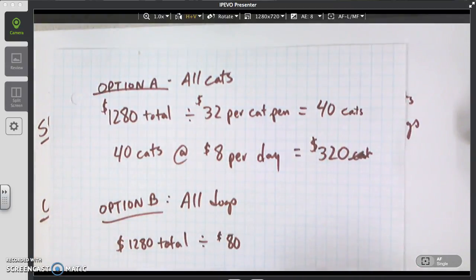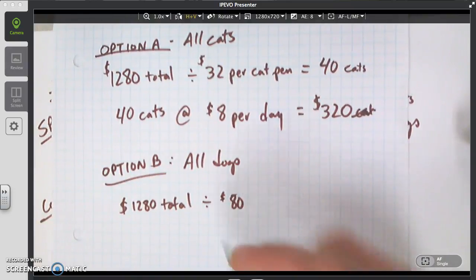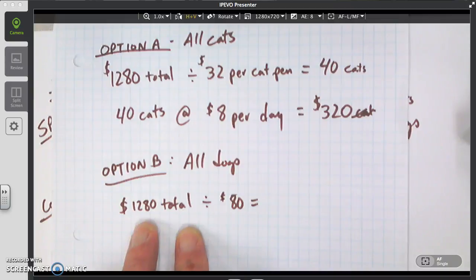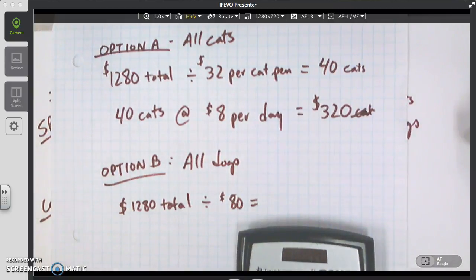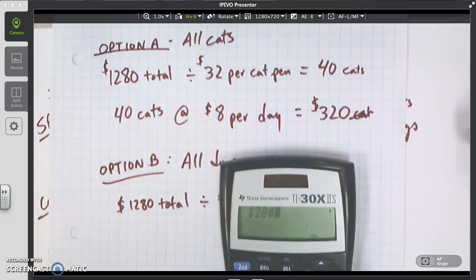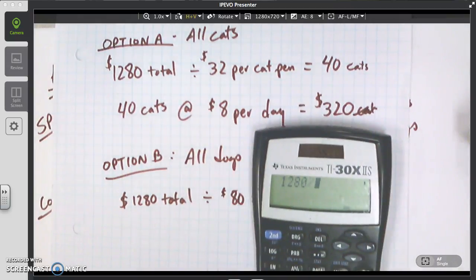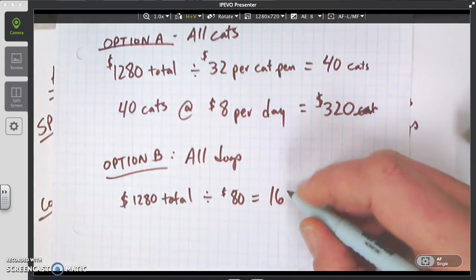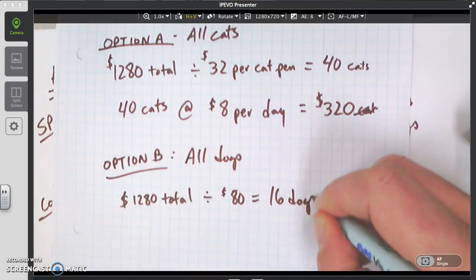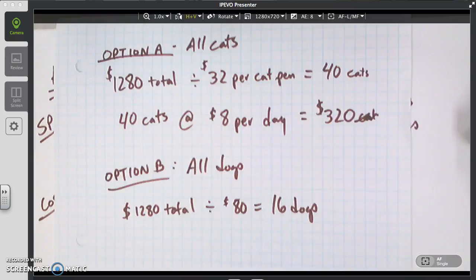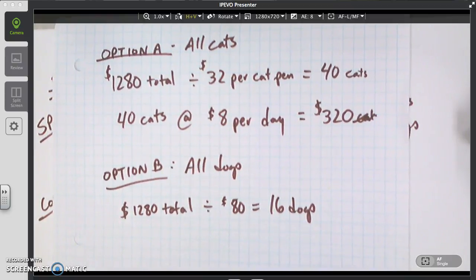You have to buy these dog runs they're going to run around in. So if we take 1280 divided by 80, we get 16. So if they used up all their money just for dogs, they'd get 16 dogs out of this.